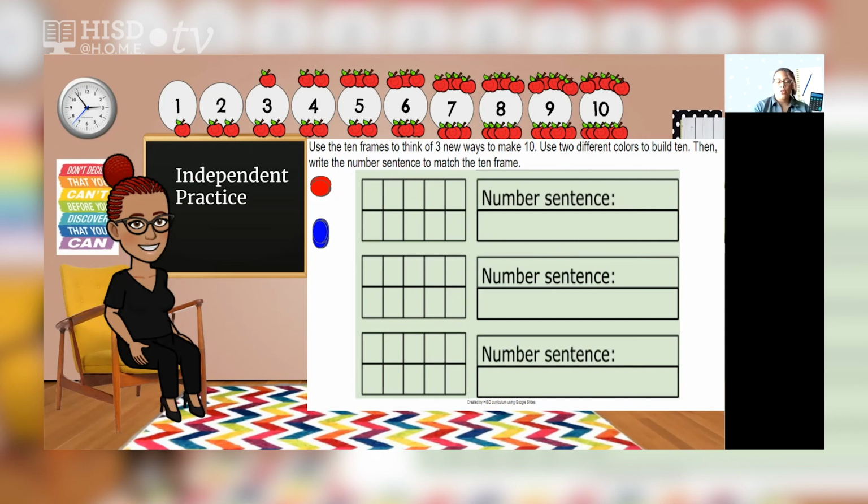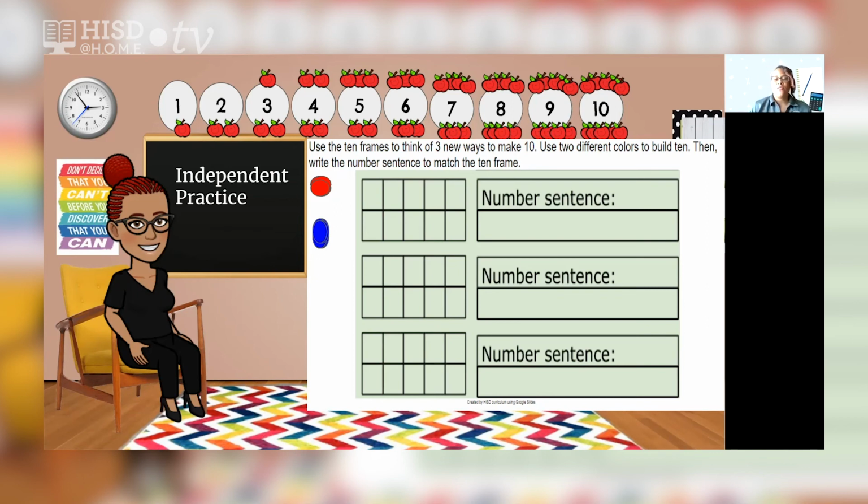Go ahead and draw those 10 frames on your paper. And remember, you're going to show me 3 different ways. And it has to have the number sentence to go with it. So step 1 is to draw your 10 frame. You're going to need to draw it 3 times.